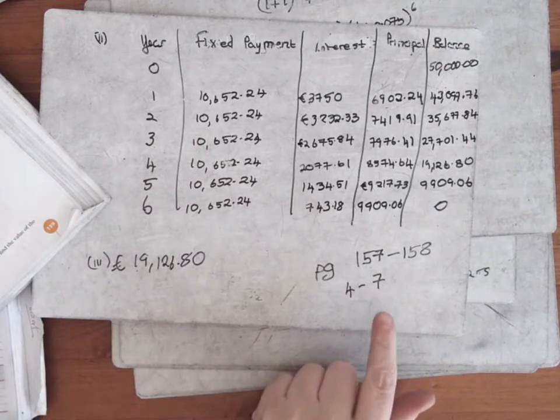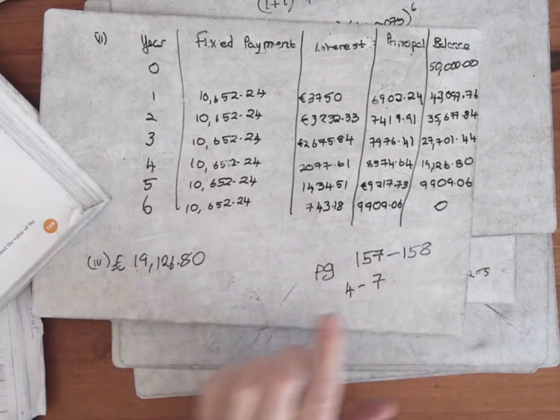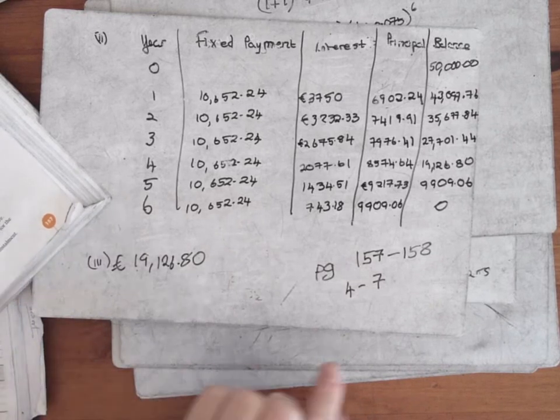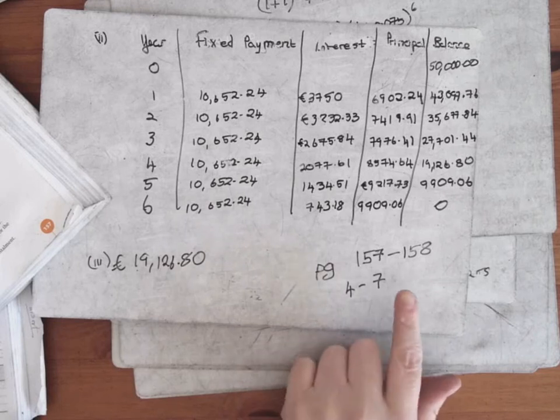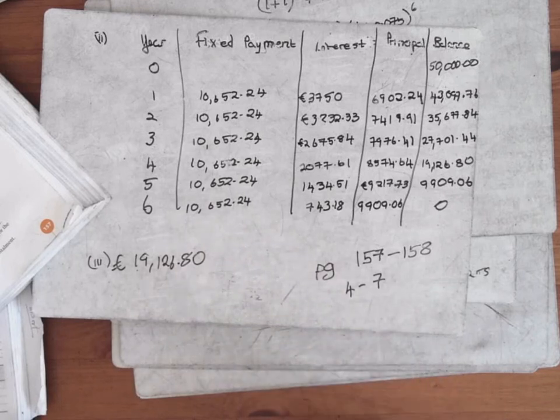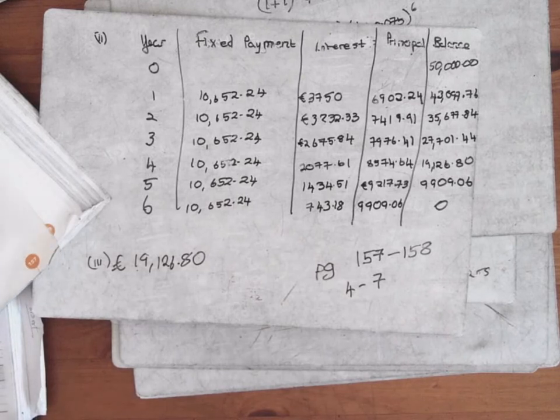Okay, so what we're going to do is the last few questions in exercise 5.4. So pages 157 to 158, questions 4 to 7 please for Monday. And that's this chapter finished.